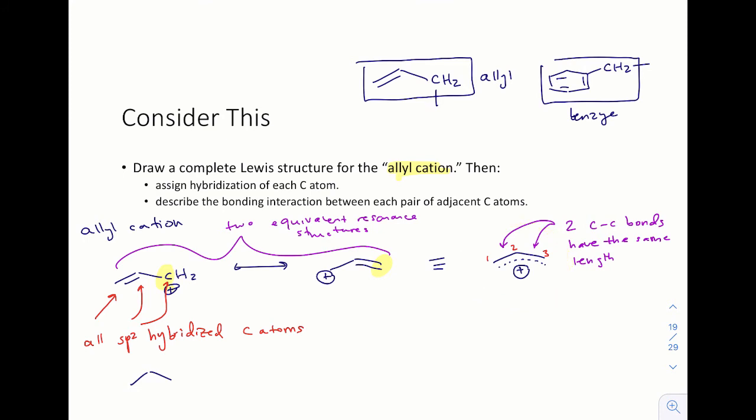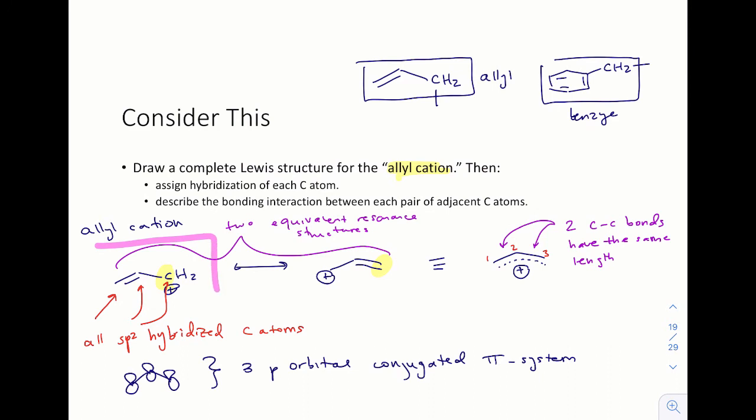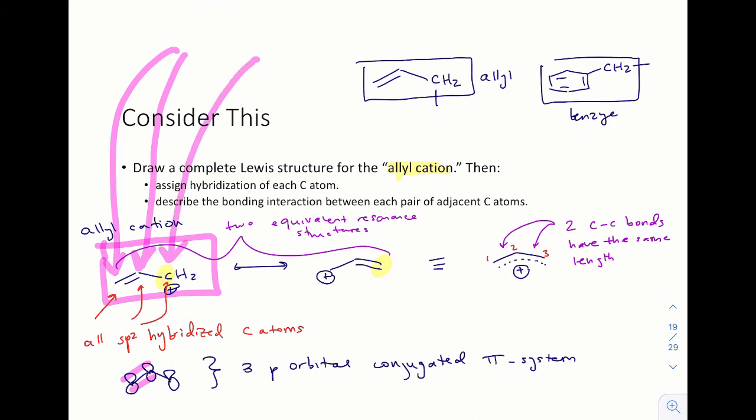So the allyl cation actually is best represented by a 3 p-orbital conjugated pi system. If we take a look at the resonance structure on the left, I think we can easily identify that these 2 carbons have p orbitals that are making that pi bonding interaction. The carbon atom on the end, we might say, oh, it has an empty p orbital. That's a carbocation.